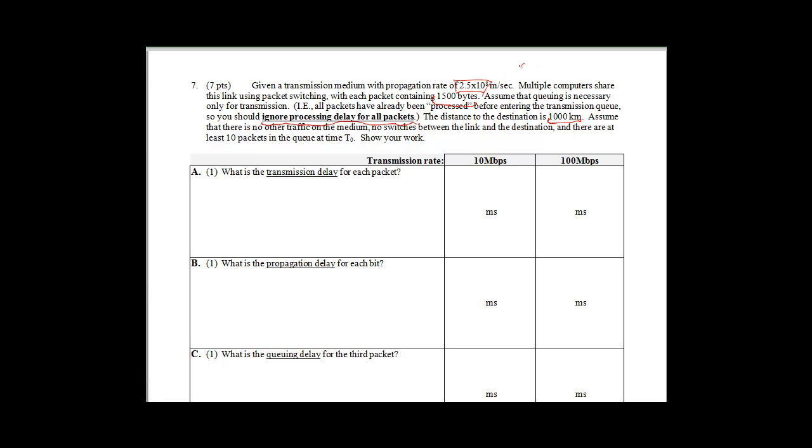So here we have S is equal to 2.5 times 10 to the 8th. D is equal to 1 times 10 to the 6th. L is equal to 1500 times 8. See, this is 1500 bytes. L we usually look at in bits.